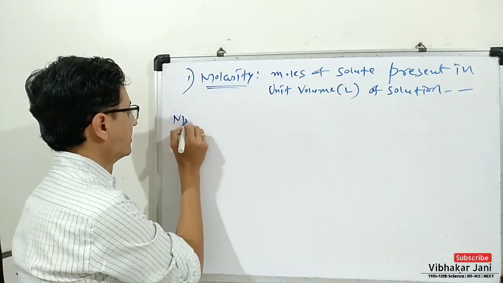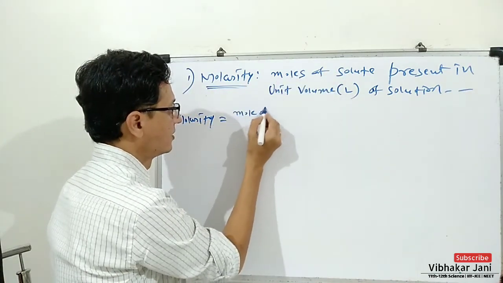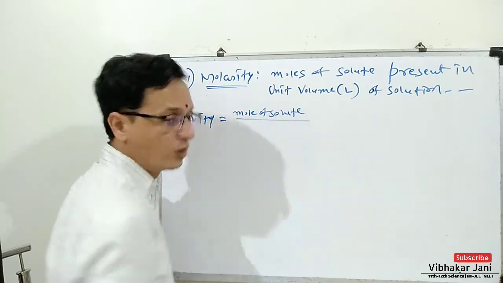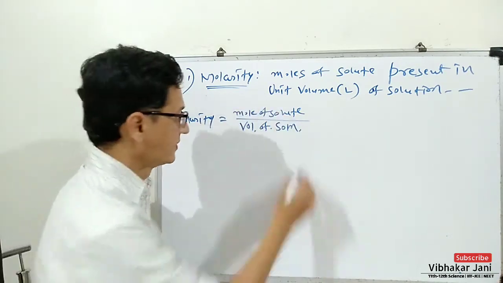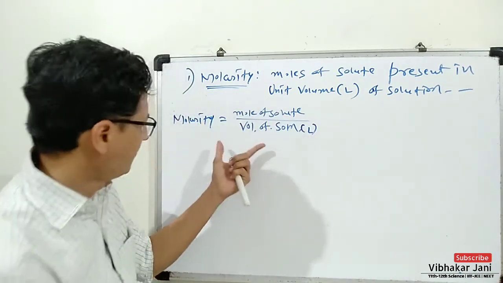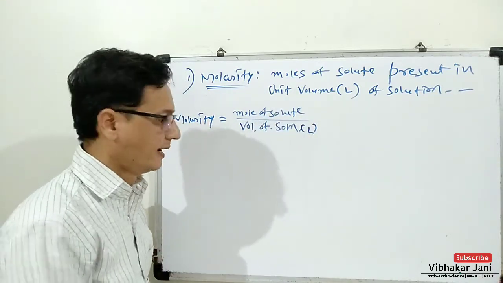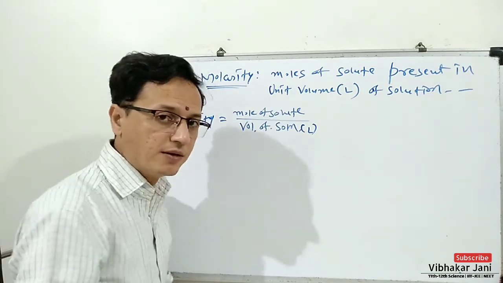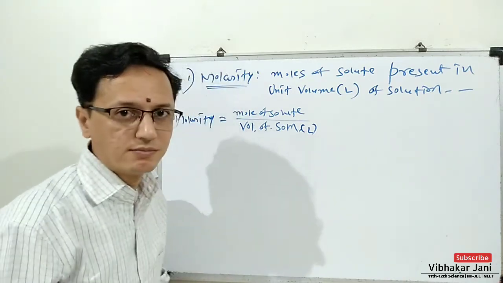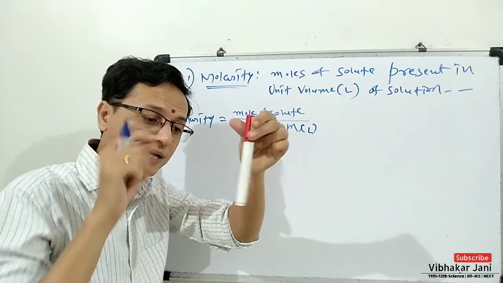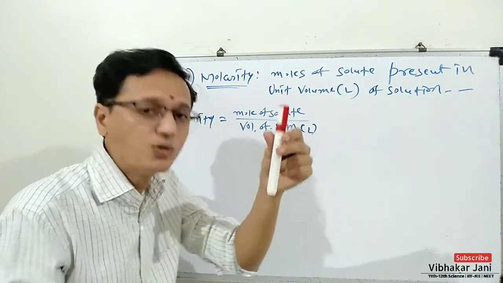Molarity is equal to moles of solute upon volume of solution. This is in liter. So this is the formula derived from the definition. Now let us simplify this formula. In our laboratory experiments, we use some solutions, but they are in very small proportion. Suppose we have a test tube and we are conducting our experiment by using solutions in the test tube.